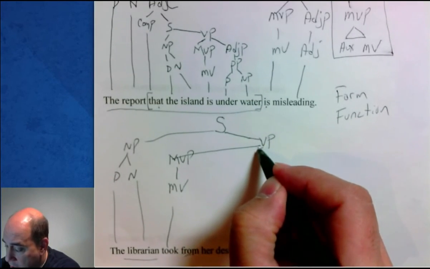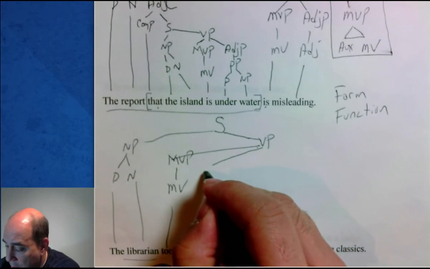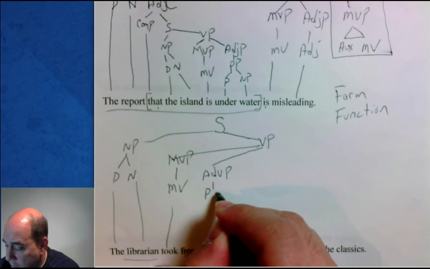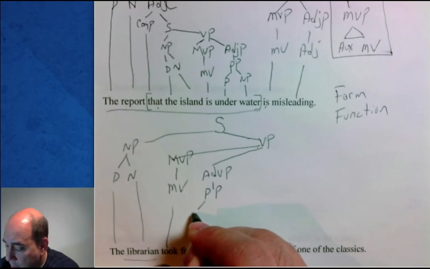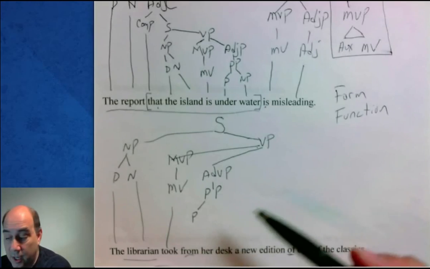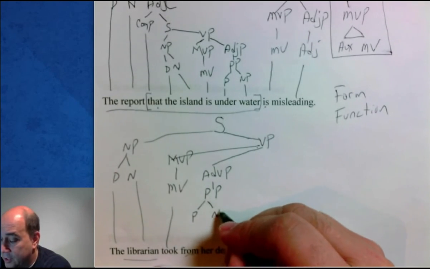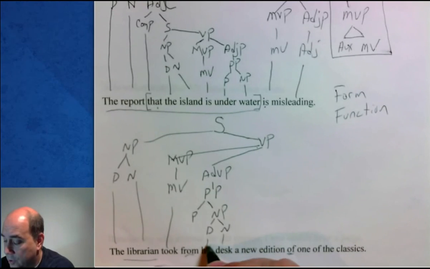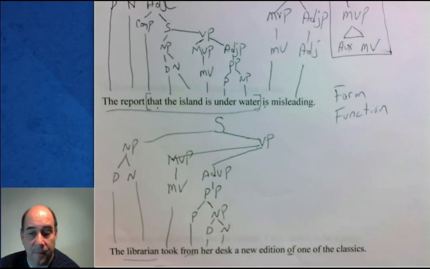So I'm going to slide over here and put in an adverb phrase, which is a prepositional phrase, and includes a preposition and a noun phrase. The noun phrase includes a determiner and a noun.